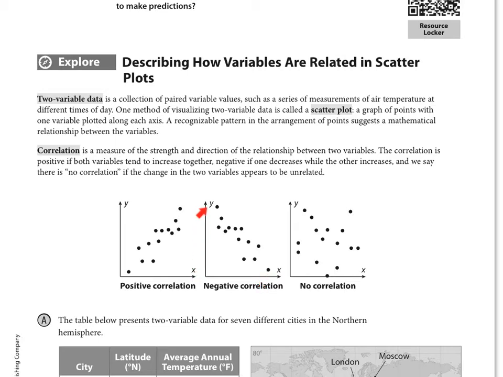Then this could be your grades, or maybe your GPA. So this would be a GPA of 0.5 up to a GPA of 4.0, maybe up here. So you can see that if the time spent on your devices or gaming goes up, your GPA will likely fall and go down. So that's a negative correlation.